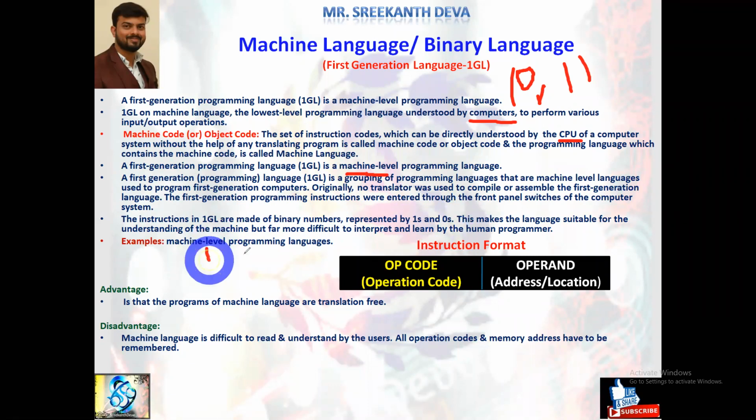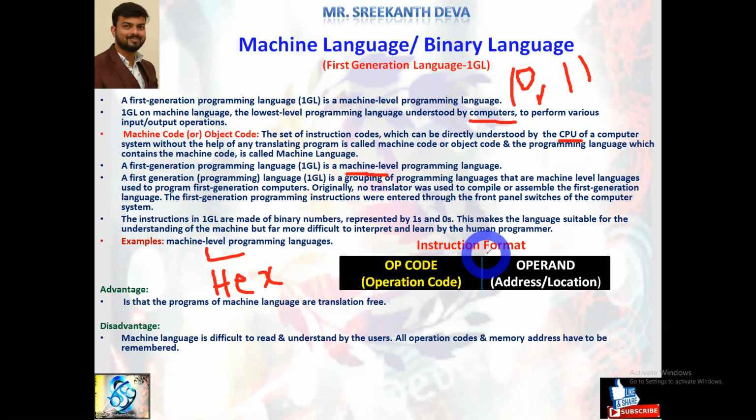Among the best examples of machine level programming are hex editors. A hex editor allows one to edit binary data on a computer. It allows use of opcodes instead of the number of the command. You can understand here how we are passing the instruction format.